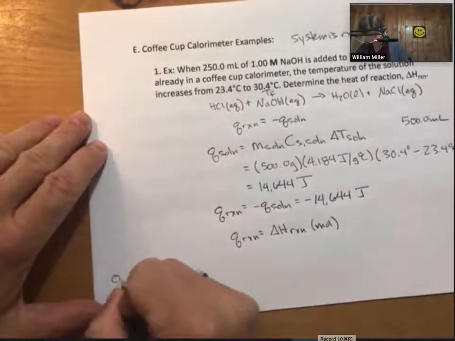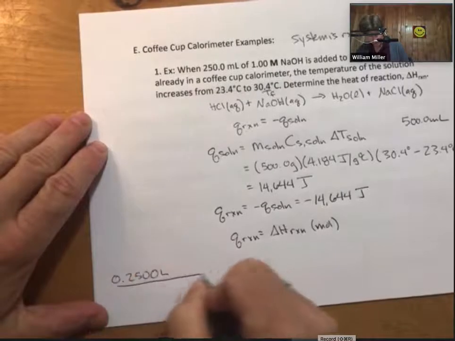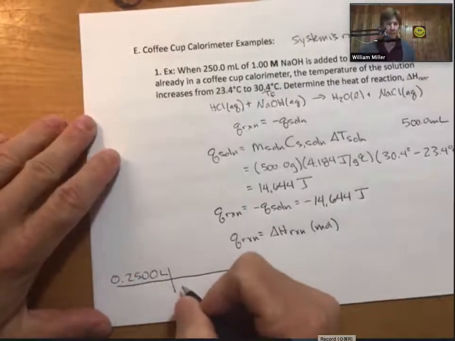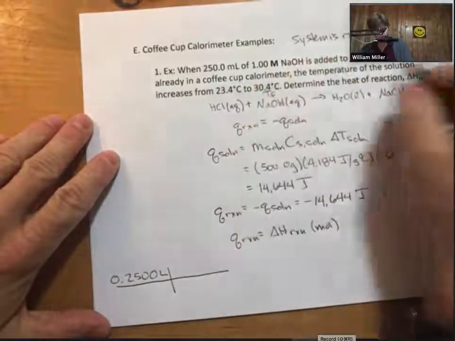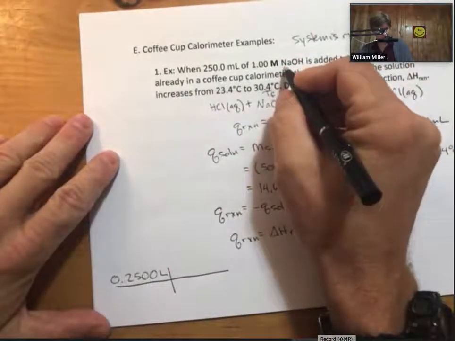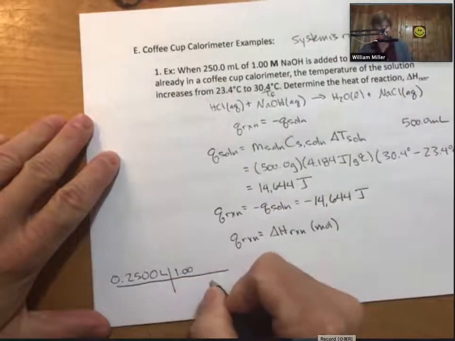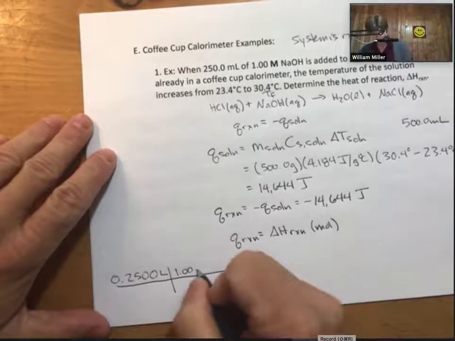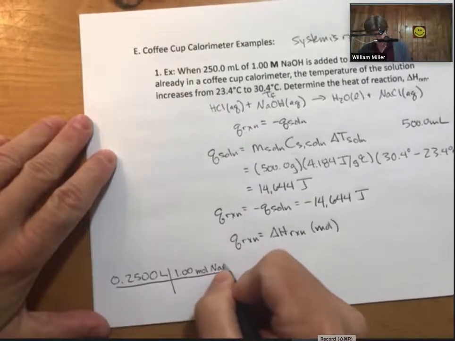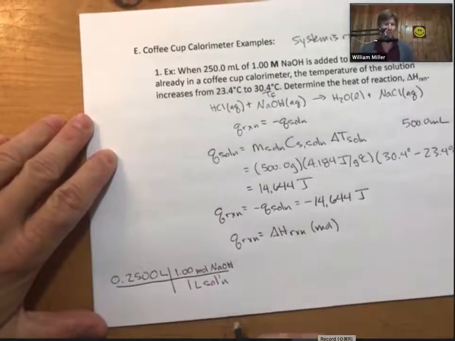So we convert our milliliters to liters, convert our molarity, either one, let's just use sodium hydroxide for this example. 1.00 molarity sodium hydroxide is 1.00 moles sodium hydroxide per liter of solution.